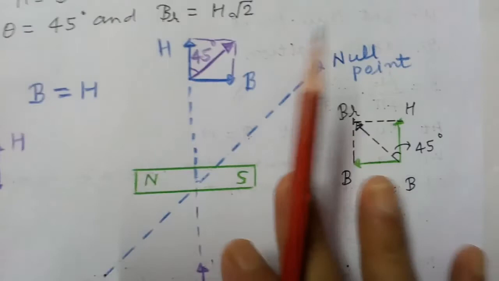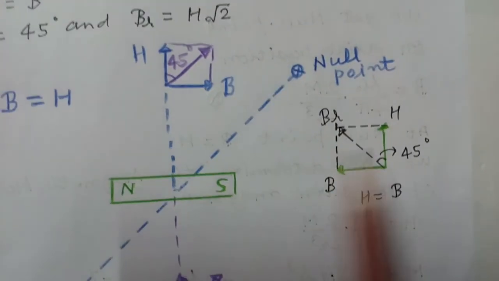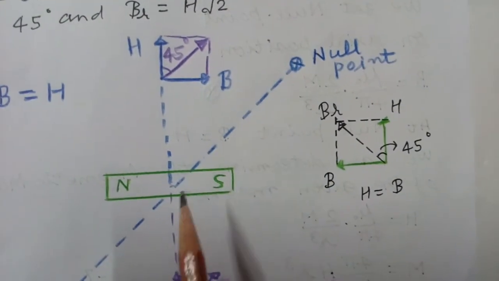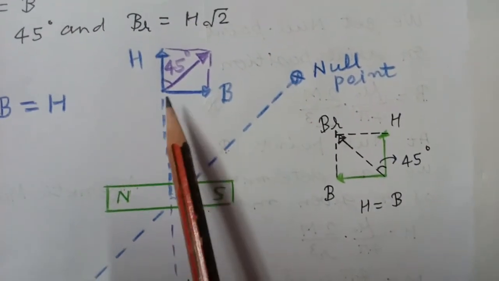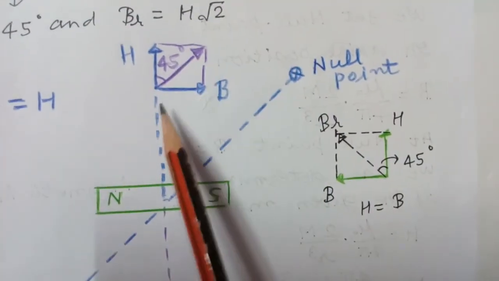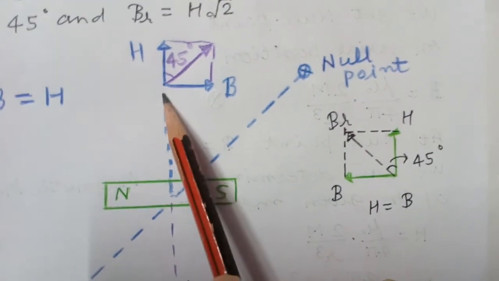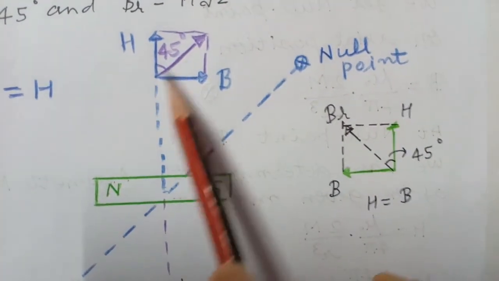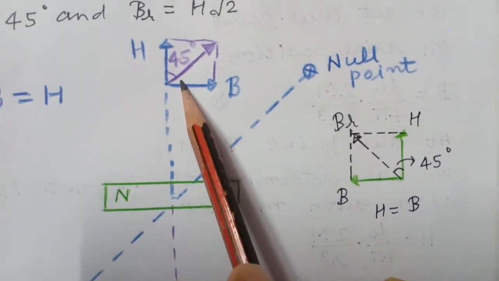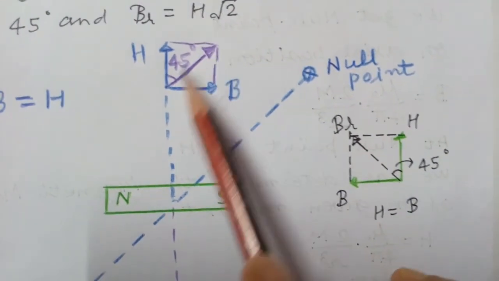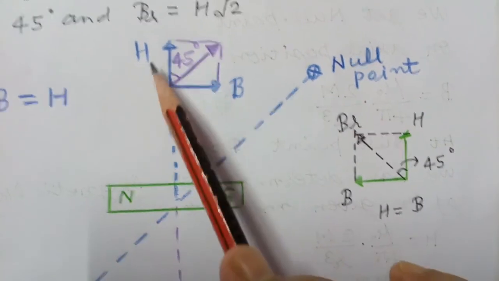If south pole is kept along east direction, then also at equatorial position resultant magnetic field is not zero, it is making an angle 45 degree with the north direction, and resultant is equal to under root B square plus H square.